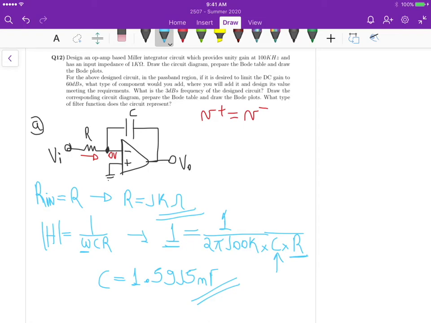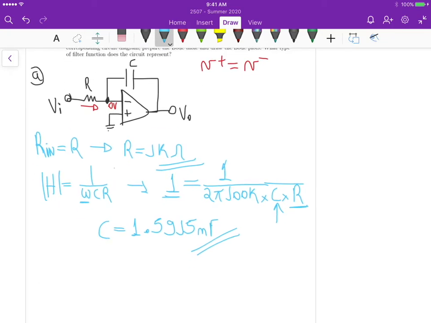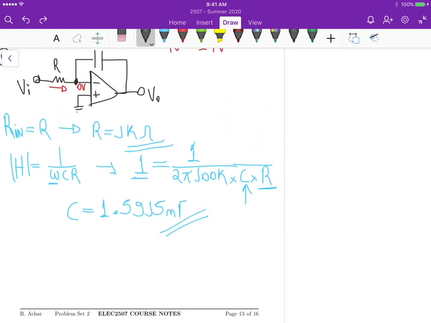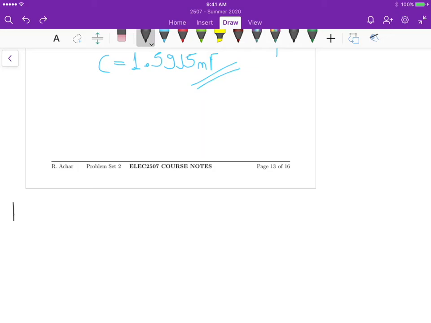Now, for the Bode plot, let's call this part B. We know that the phase of this circuit stays at 90 degrees.